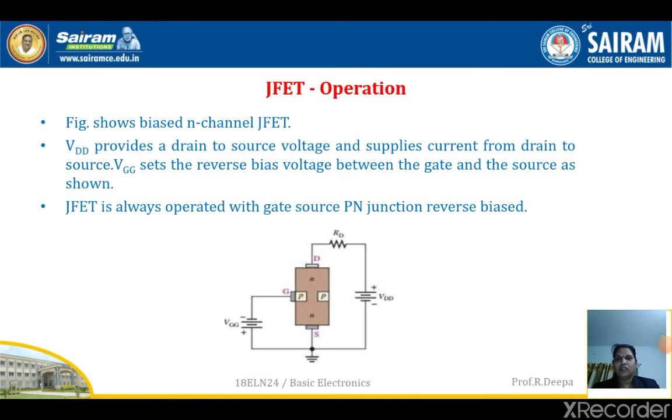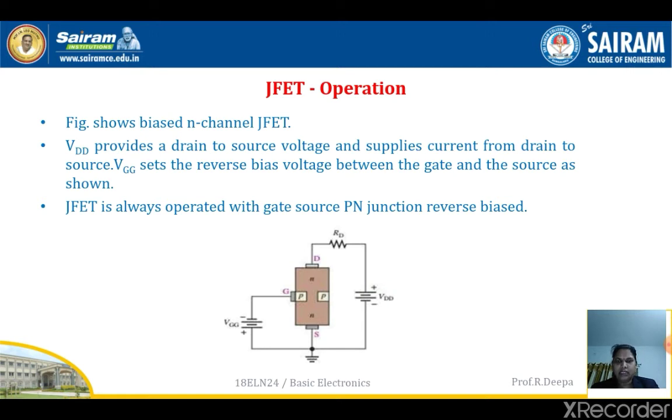So here we are going to explain the JFET operation. As we have seen, the JFET consists of three terminals: gate, drain and source. The gate and the source are always provided with a reverse bias with the help of an external DC voltage VGG. So VGG sets the reverse bias voltage between the gate and the source.